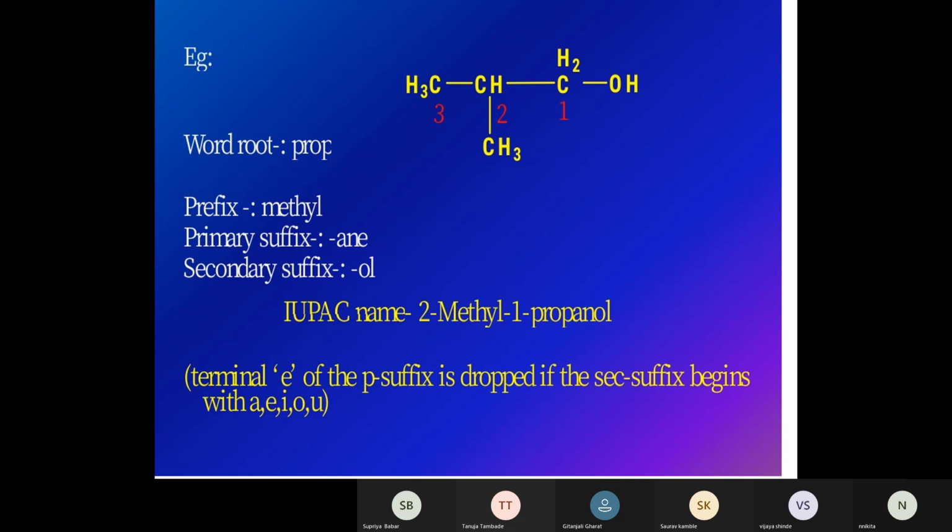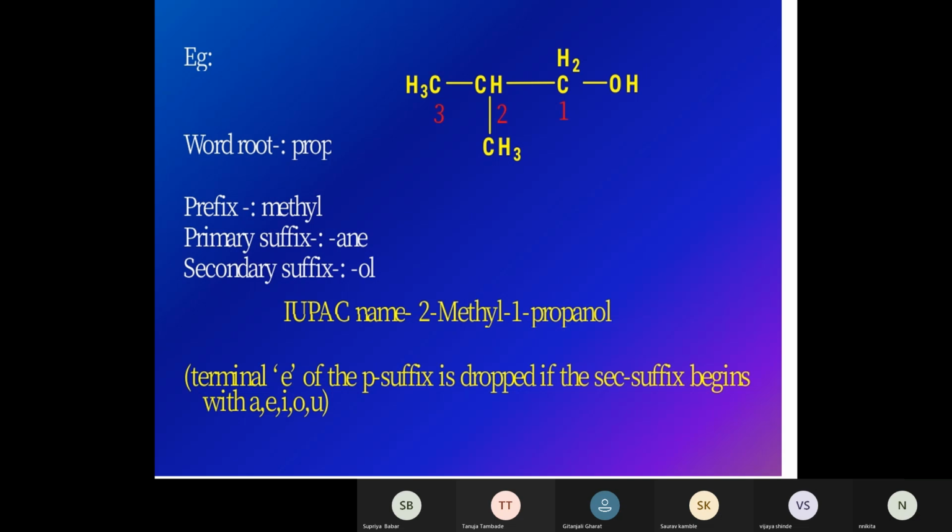Now see, in our first rule of IUPAC nomenclature, it is written that we have to select the longest continuous chain.